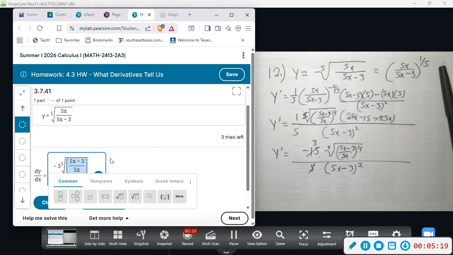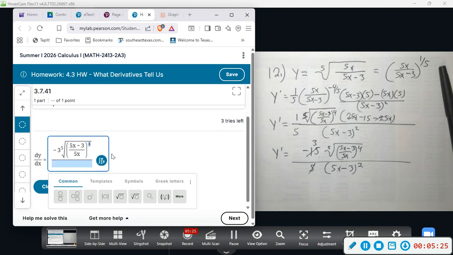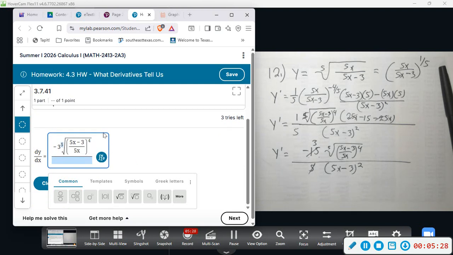And this is raised to the 4th. All right, get to the bottom. 5x minus 3 raised to the 2nd.